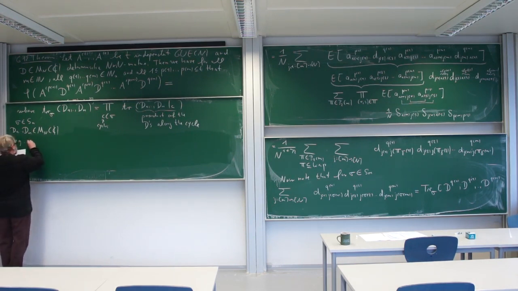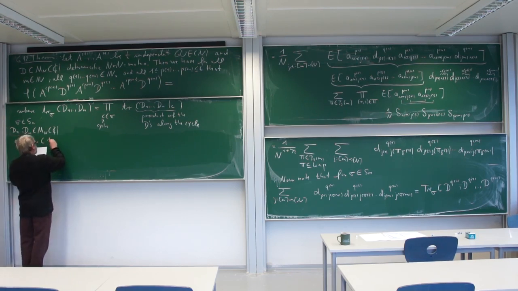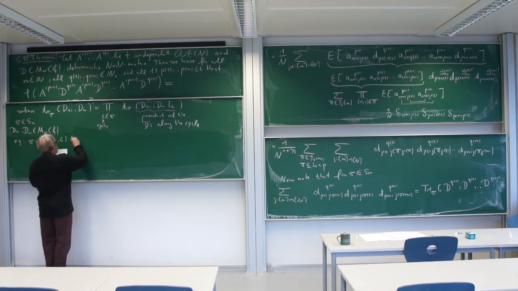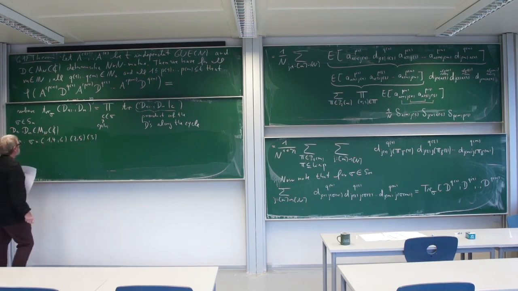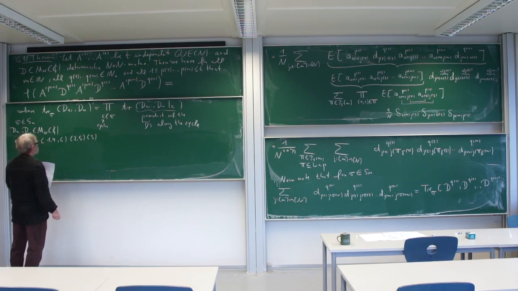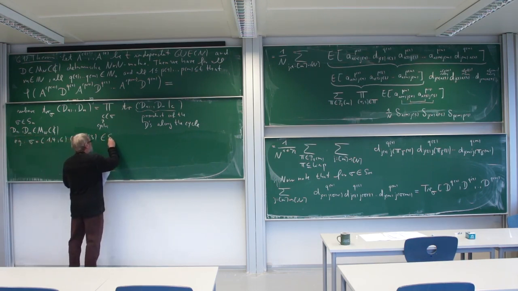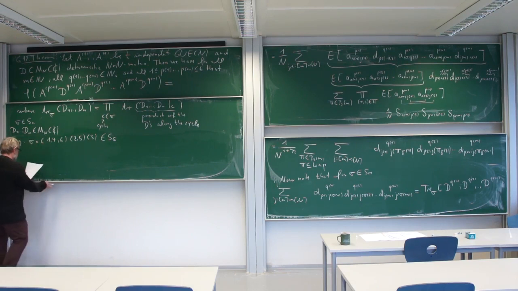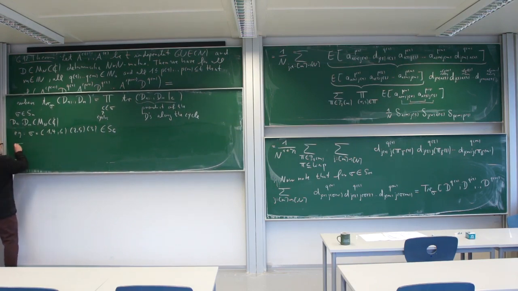Let me take an example. Let's say sigma, so this is a permutation. Let's say it's a permutation (1, 4, 6)(2, 5)(3). So let's see, 1, 2, 3, 4, 5, 6. So this is a permutation of 6 elements. Okay, and now the quantity which I have there, so I have D_1, J1, and then I have J, but now I'm taking this at position sigma of 1.